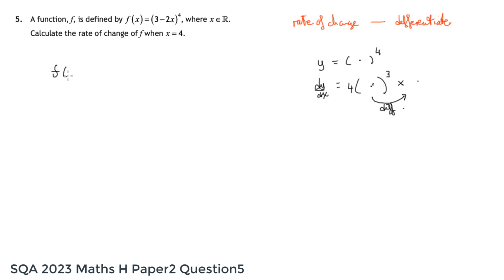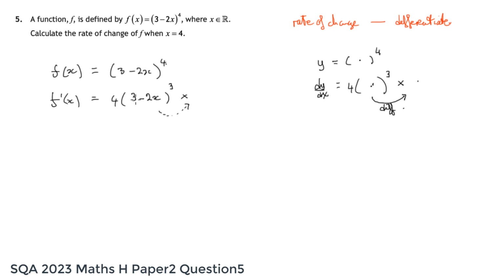So let's start and write down this expression. So as we've said, let's differentiate, bring the 4 down, take 1 away from the 4. Remember, this isn't an x, so there's going to be an adjustment, and to get that adjustment we need to differentiate 3 minus 2x.